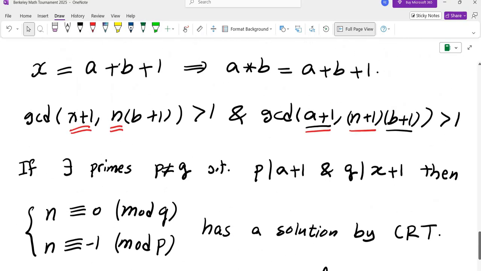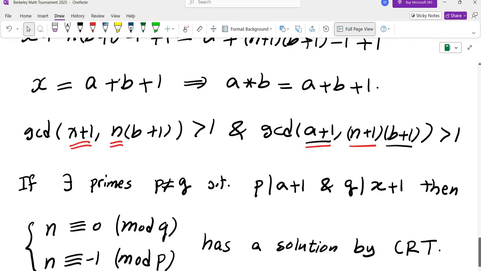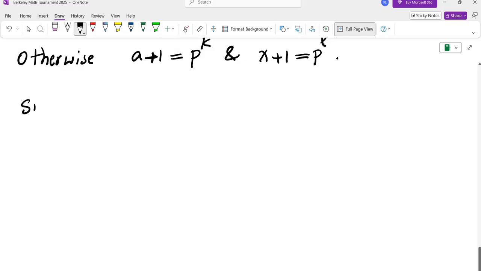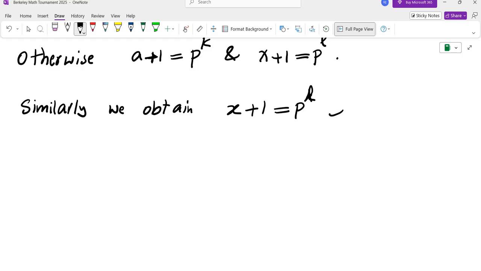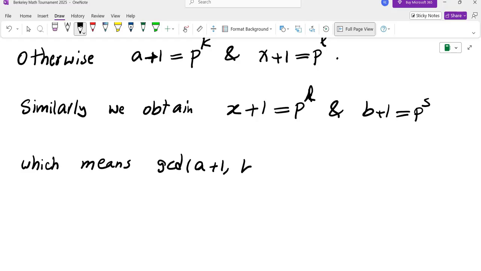But if we do the exact same process, starting by starring a's from the left, similarly we obtain x plus 1 is equal to p to the l, and b plus 1 is p to the s, which means GCD of a plus 1 and b plus 1 is more than 1, which is again exactly a star b equals a plus b plus 1.